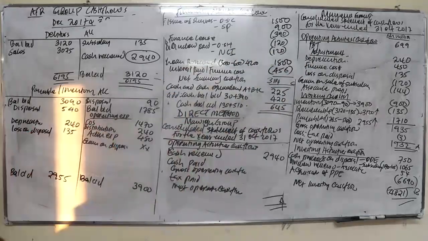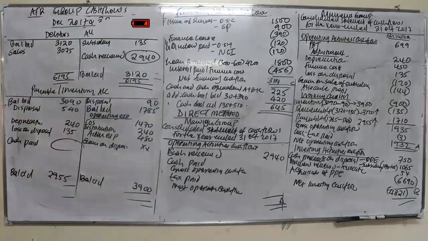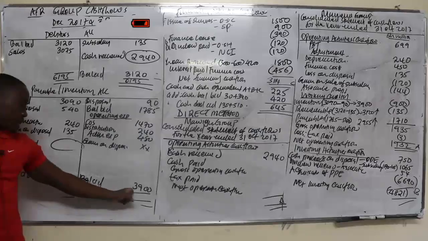So now we can determine the amount of cash paid. Can you do the necessary thing? Close that. Good. You have to add this, including that 9. Make sure you factor in the closing balance of that 9.